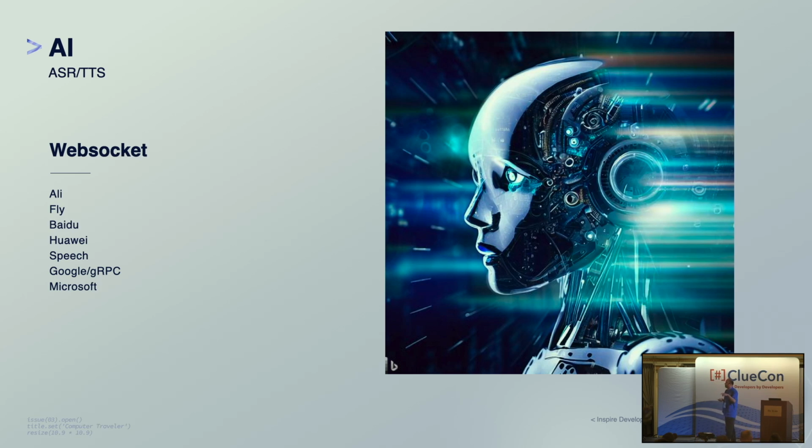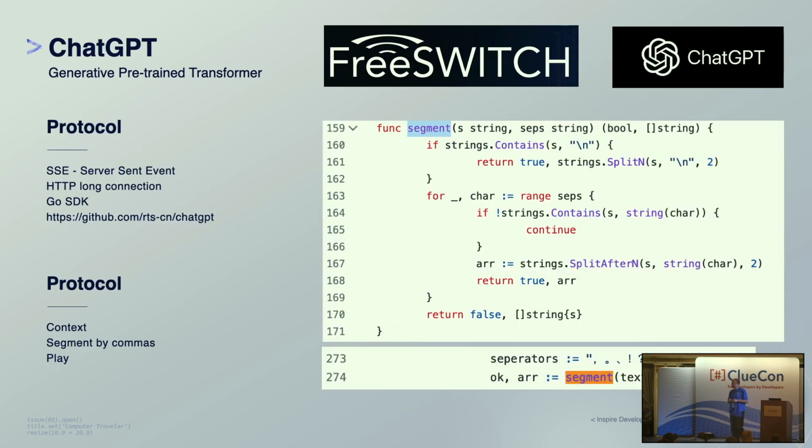In China, it's Ali, iFlytek, Baidu, Huawei, and in the United States we use Google. Google is using Google RPC. It's not gRPC, it's not WebSocket, and Microsoft. And to connect to ChatGPT, we actually made another thing outside of FreeSWITCH to control it.